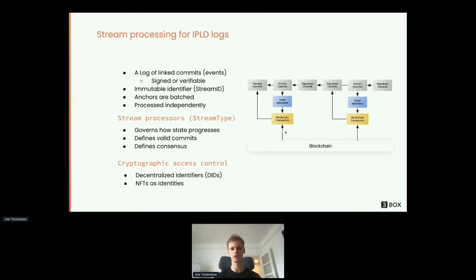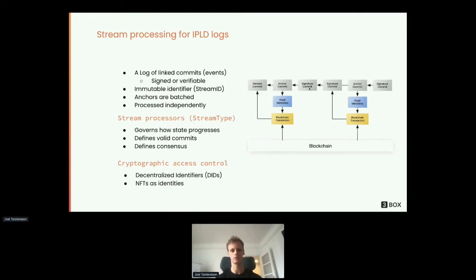You can see here in this example to the right, we have a Genesis commit. That's the first commit in the event log that creates the stream, and the stream ID is based on this Genesis commit. After that comes an anchor commit, which proves that the hash of the previous event has been committed into a blockchain. That's useful because now we can see at what point in time that event happened.